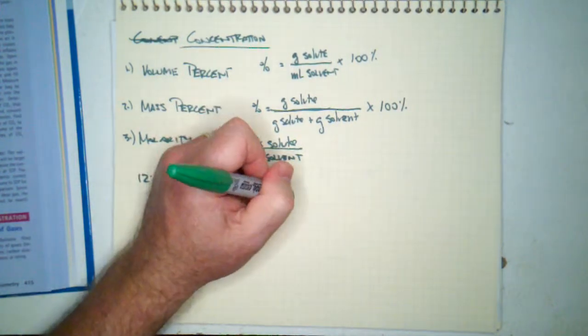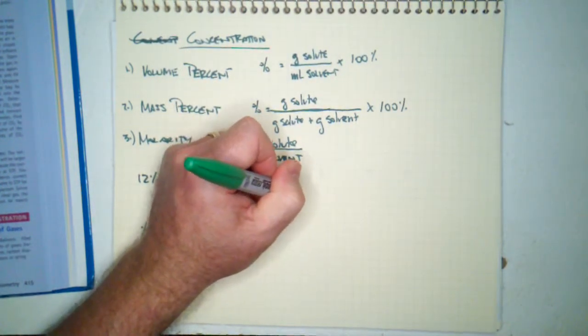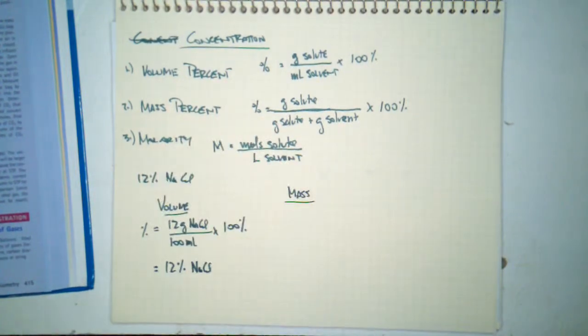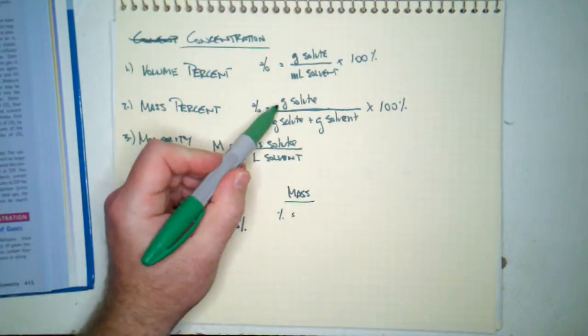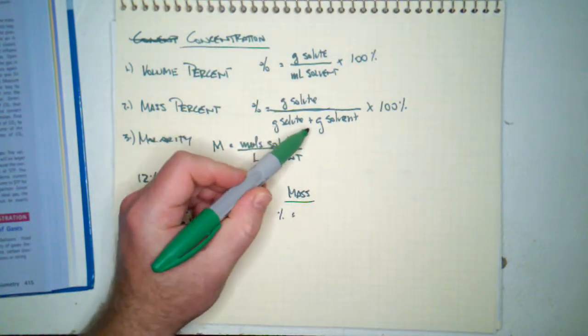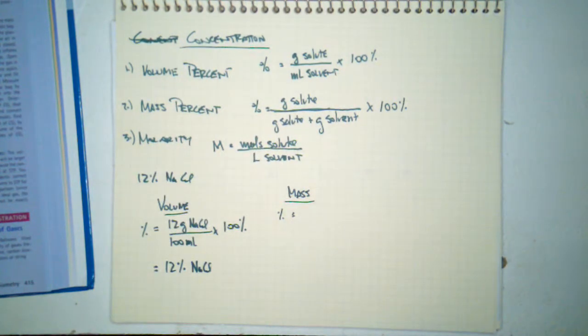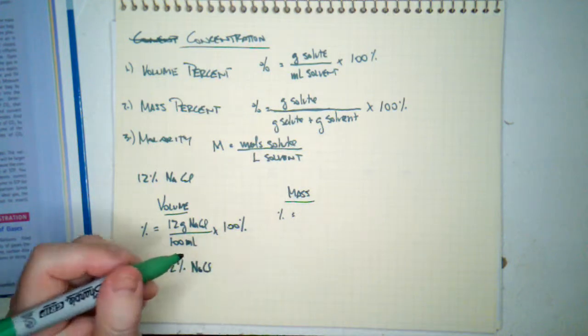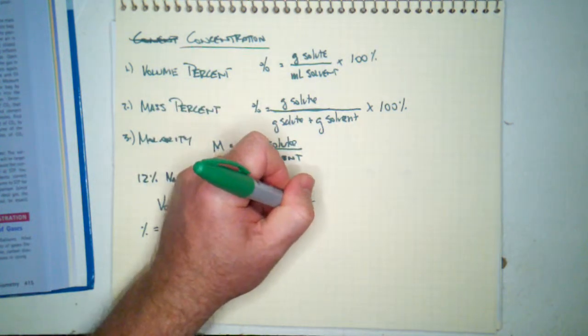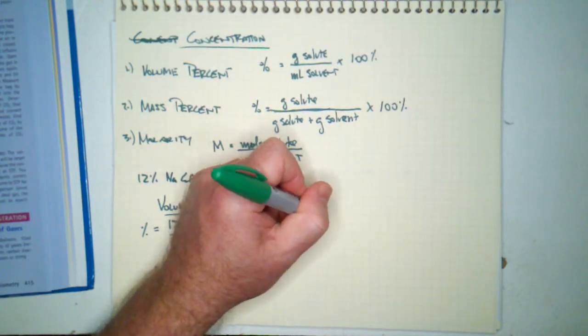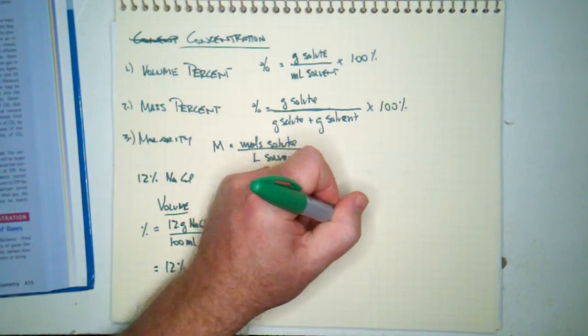But what if we want to do a mass percent? It's going to be a little bit different. In that case, the percent would equal the grams of solute divided by the grams of solute plus the grams of solvent. So in this case, we had 12 grams sodium chloride.